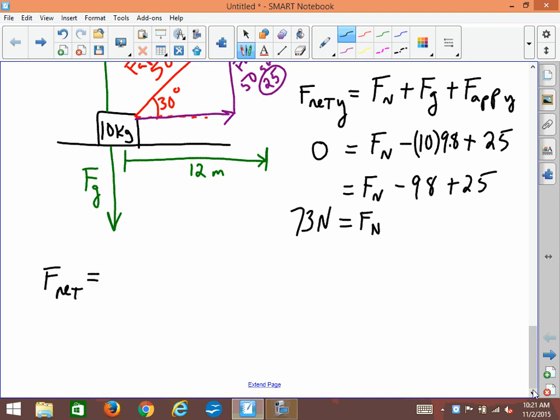F net x equals, now I've got F applied x, which is down here, 50 times the cosine of 30. And what is 50 times cosine of 30? 43.3.